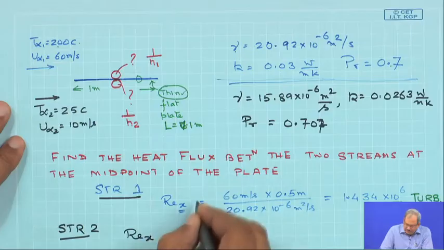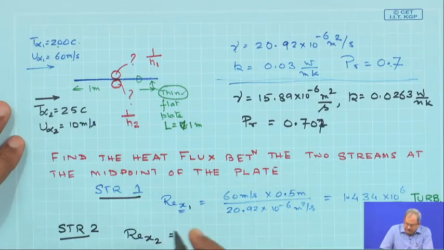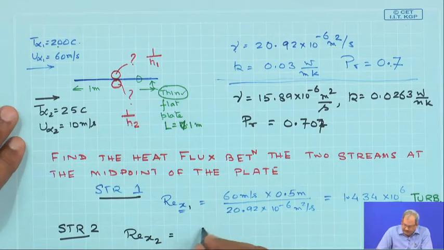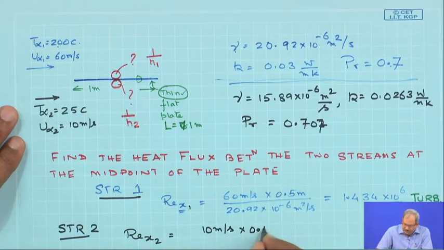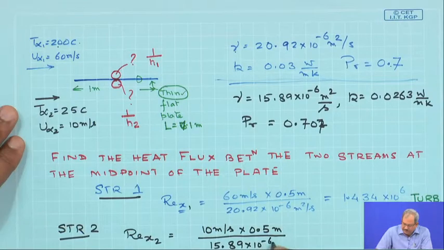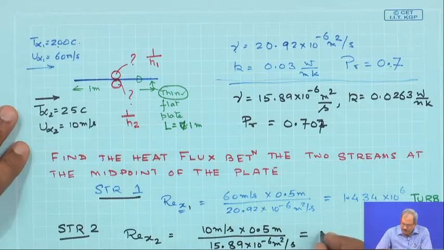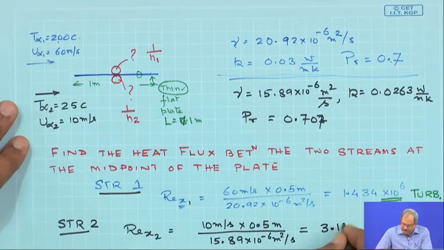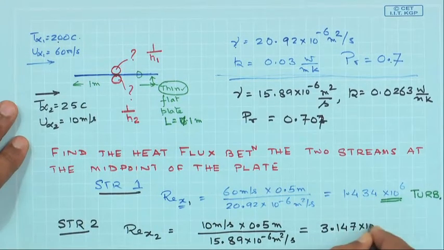Next, we are going to find out the situation for stream 2. We again find out the Reynolds number, in which case the velocity is significantly lower. The location remains fixed at 0.5 meter and the kinematic viscosity is 15.89 into 10 to the power minus 6 meter square per second, which gives a Reynolds number of 3.147 into 10 to the power 5.